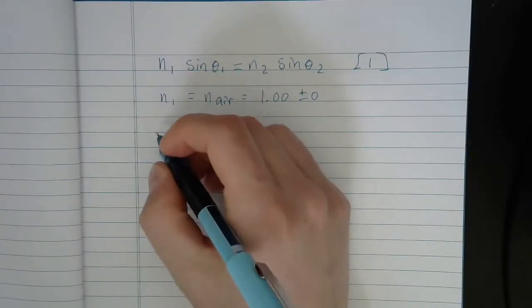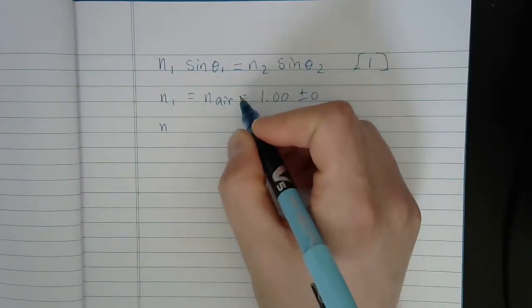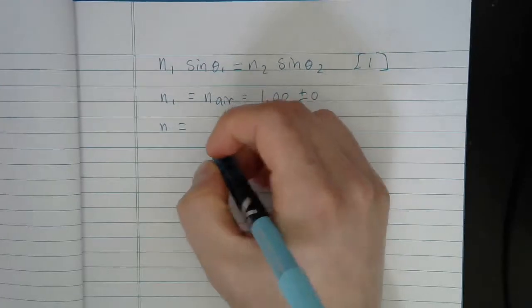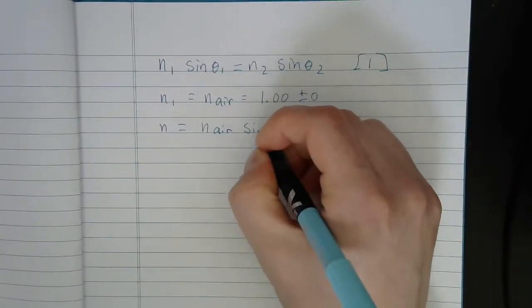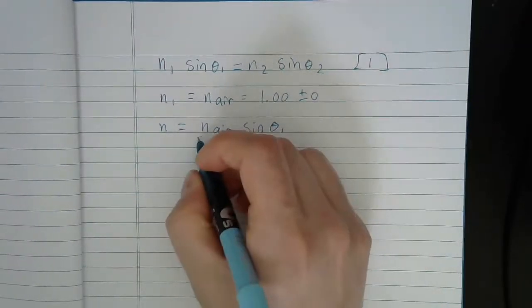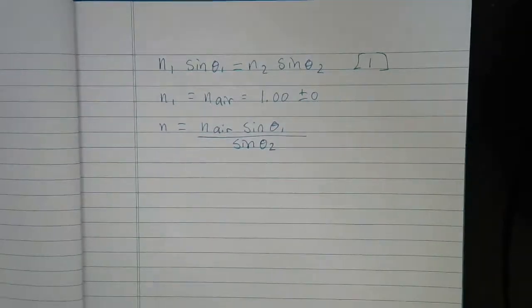So I'm just going to refer to it as n from now on, and that is going to give us n air times sine theta 1 divided by sine of theta 2.